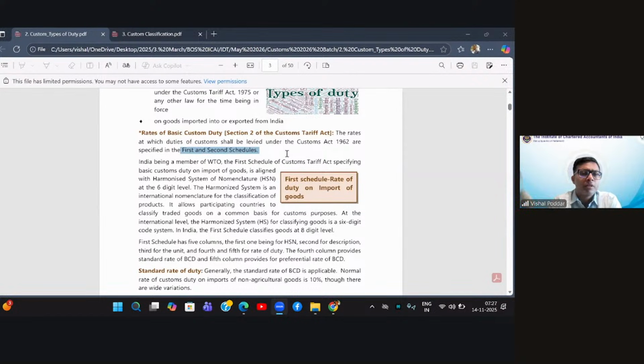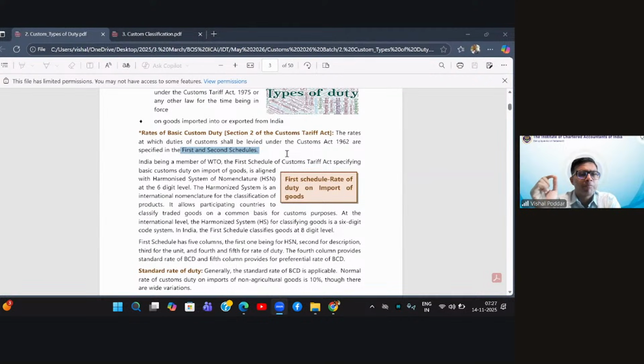And since over a period machines and computers are being used, which are more comfortable with numbers instead of names, they are given codes, which we today call HSN.